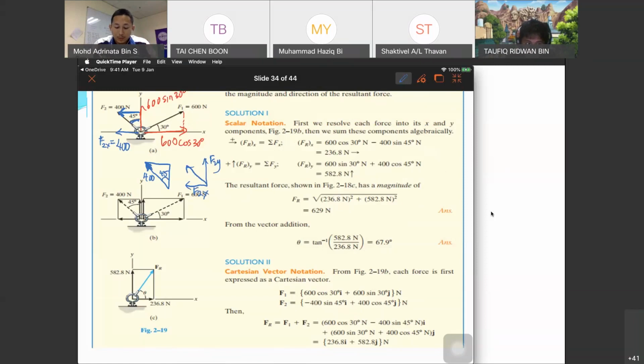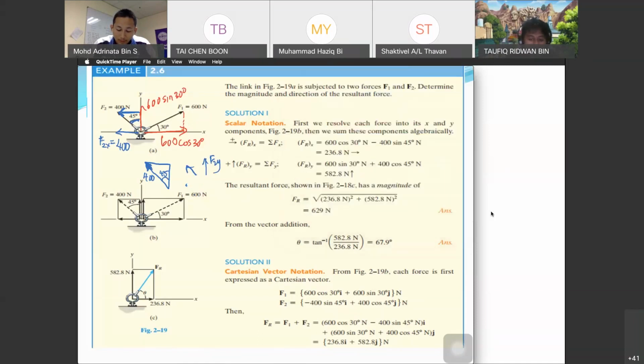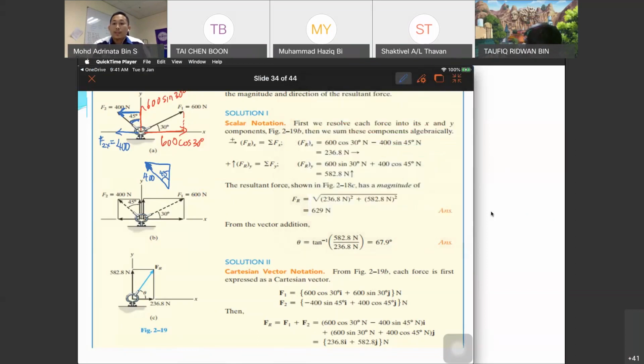Okay, so this is in the Cartesian coordinate, but you need to find it in triangle so that you can understand our triangle, and you can use your rules of Sohcahtoa. So this is your angle 45 degree, and you have 400 for F2.